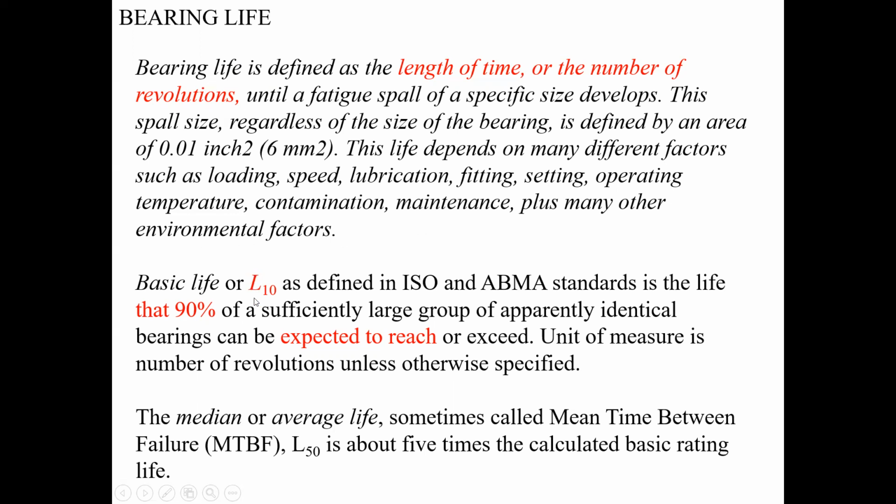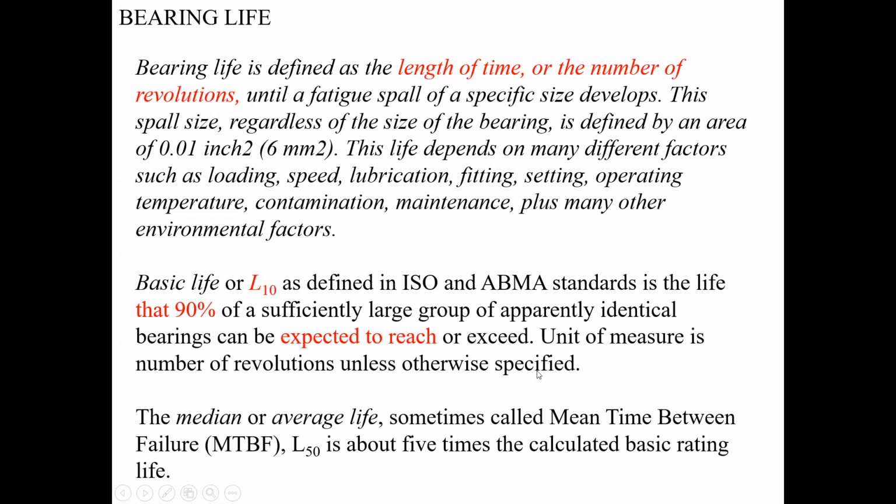If they put L10, basic life, that means 10% of the bearings have failed based on the standard, and 90% of a sufficiently large group of identical bearings are expected to reach or exceed that life. You still have 90% of your life like that. The unit of measurement is the number of revolutions.